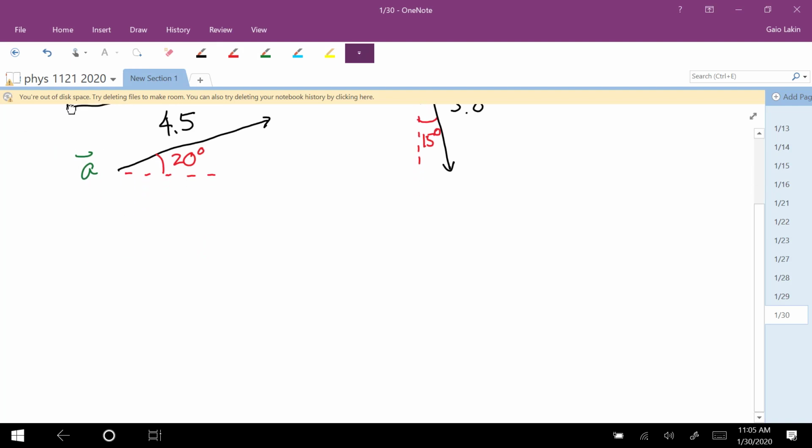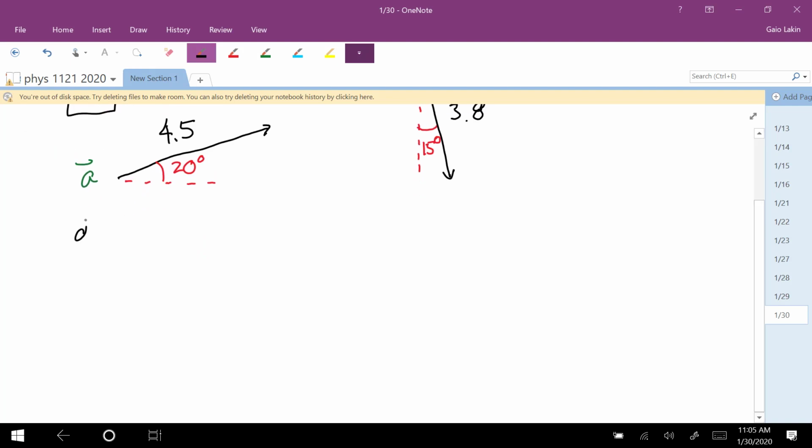And for part D, it says this is the coordinate system, x-axis up, y-axis to the left. And we want to calculate the components of 2a minus 3b.